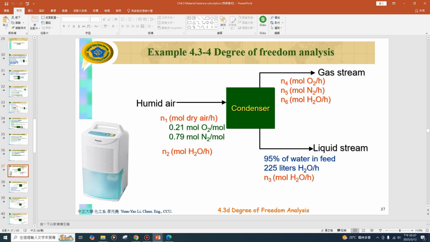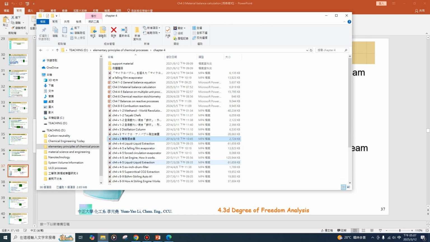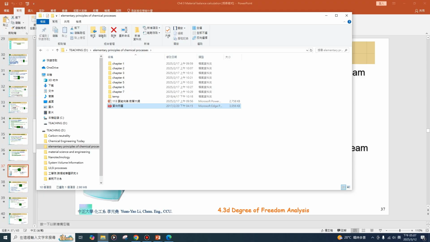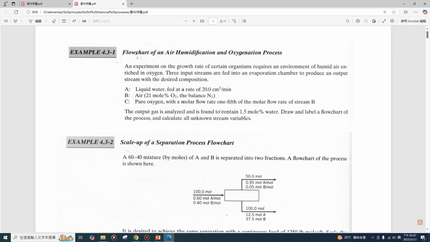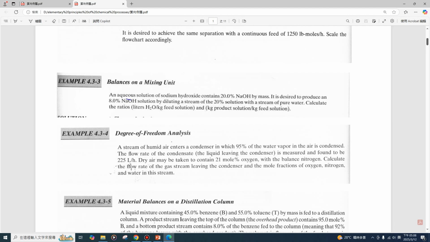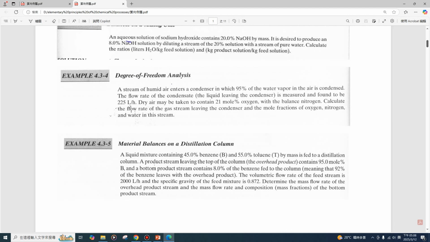Okay, so let's do this. Let's read this. I hope you have a textbook, or you need to have a copy of this so you can do this with me together.